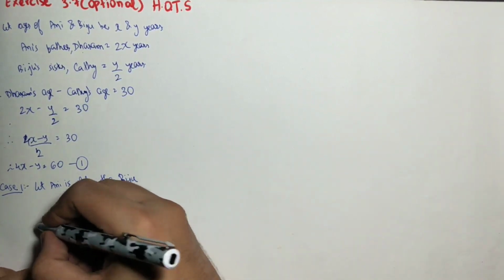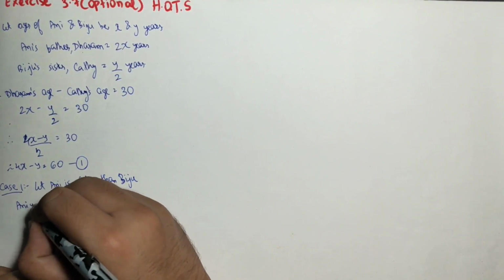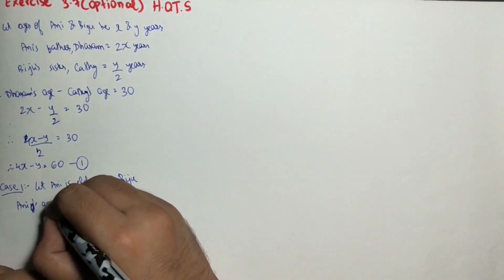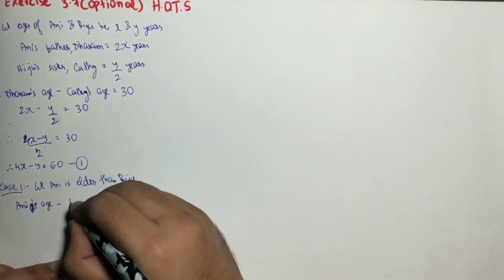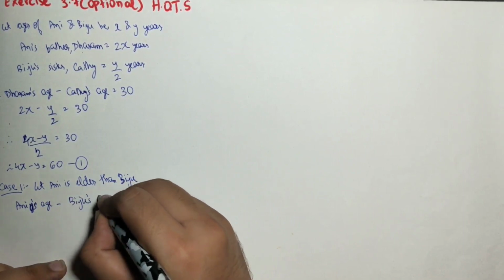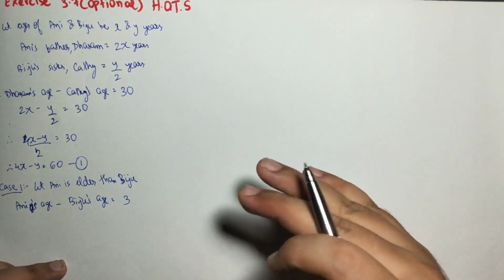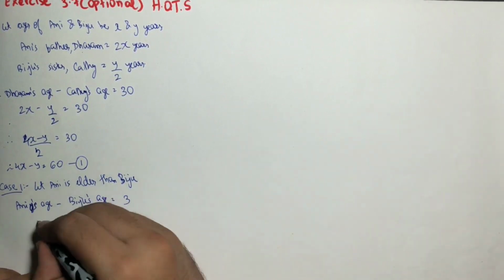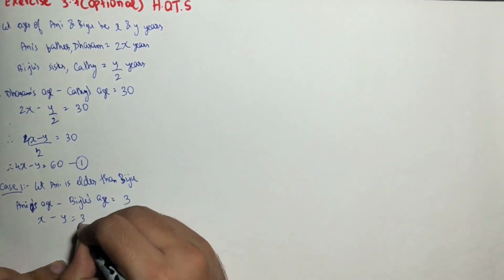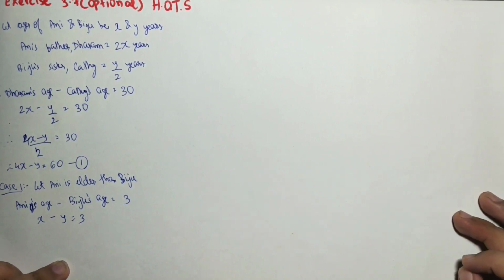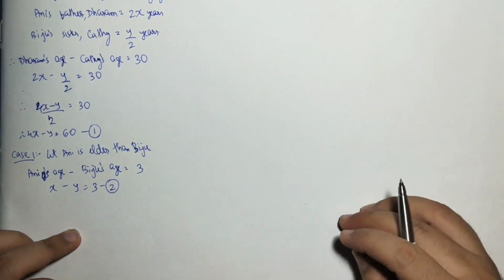So if Annie is elder than Biju, then Annie's age minus Biju's age will be equal to 3 years, because Annie is elder, so obviously we do elder minus younger. So x minus y equals 3 years. This becomes your second equation.